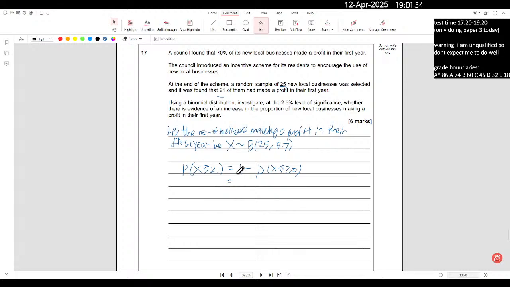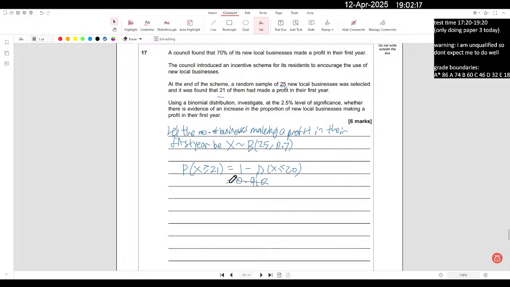Binomial CDF. Okay, trials 25, p 0.7, X value 20. That gives 0.909... 0.910.